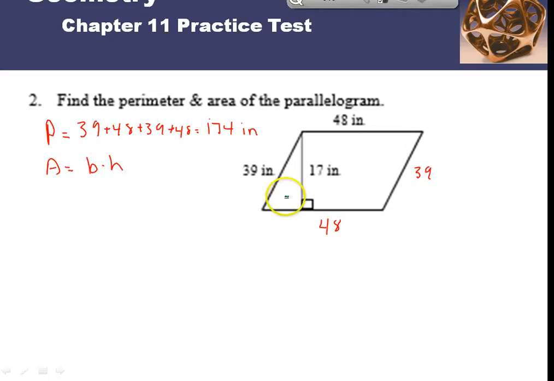So I find the right angle, there's the right angle, and I multiply the two parts that make up the right angle. And those two parts are 17 and 48. So 17 times 48 is 816. So my area is 816 inches squared.